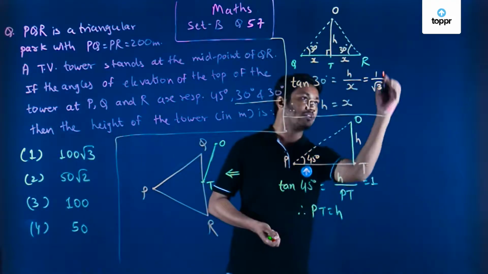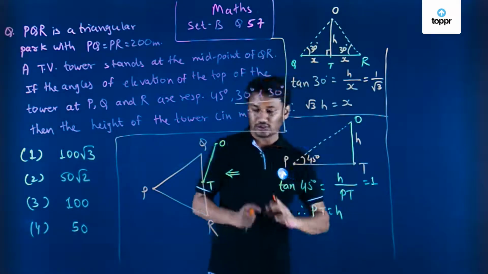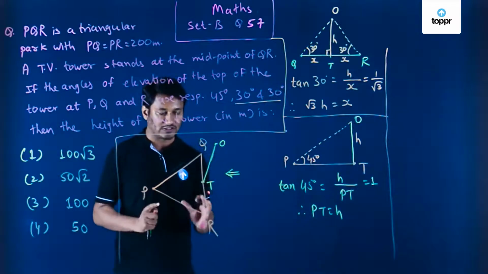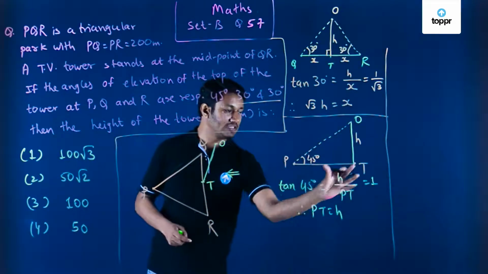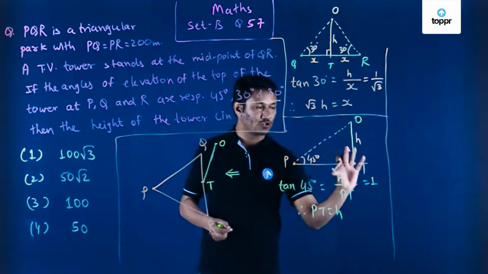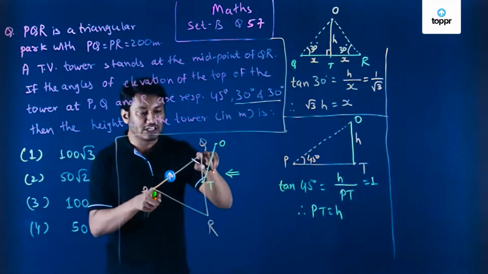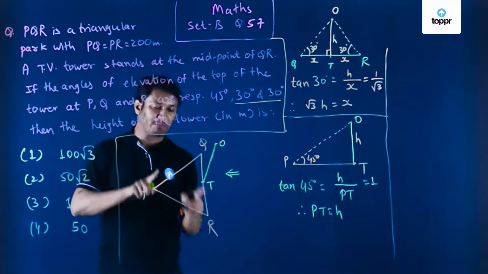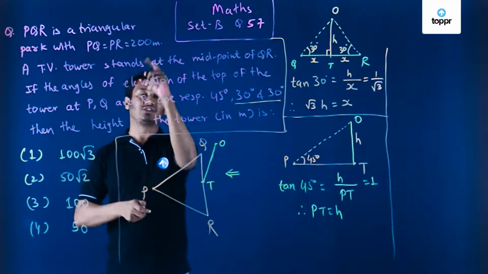In next step, we will consider one last triangle. So now if you try to understand what all things we have, we know this PT is equal to H, we know OT is also equal to H, and the length PQ is given to us. You can see PQ or PR, any one side we can use, that's 200 meter.